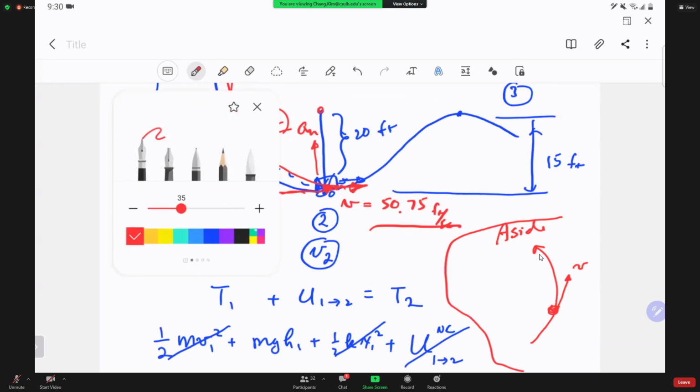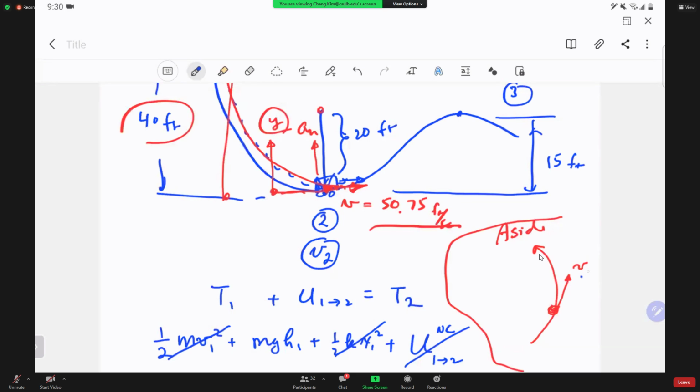However, you're going to have two accelerations, one in the tangential direction, and the other in the normal direction, which is toward the center of the curvature. The magnitude of that is equal to velocity squared divided by the radius of curvature. The r is given as 20.